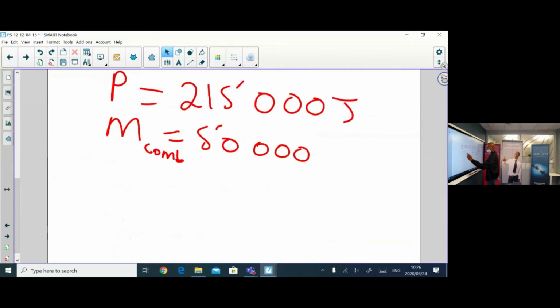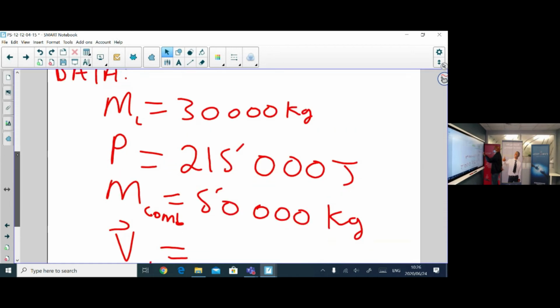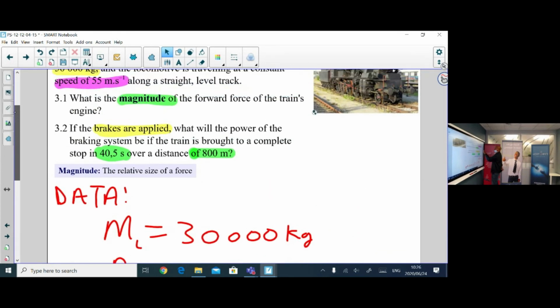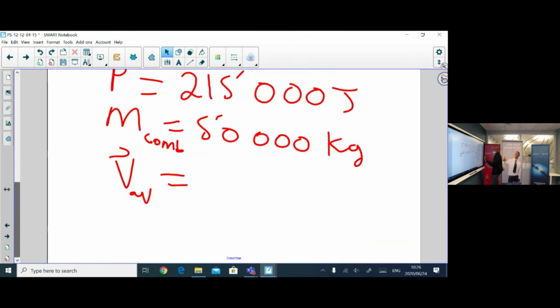Constant speed. This one is in kilograms. We have V, constant speed, that is average, which is equal to, let us look at it, 55 meters per second.